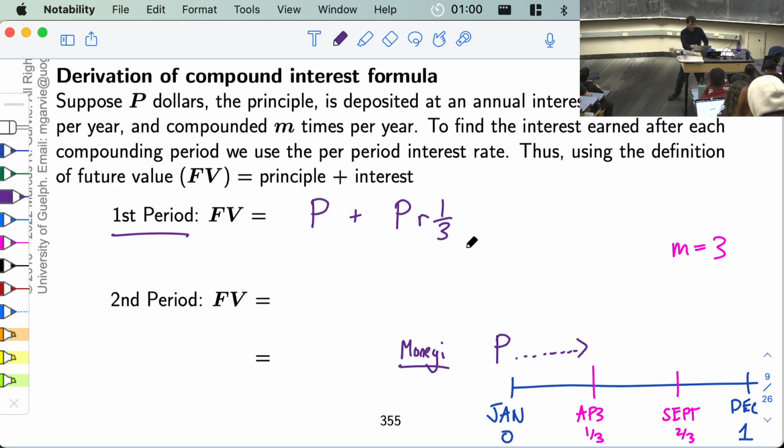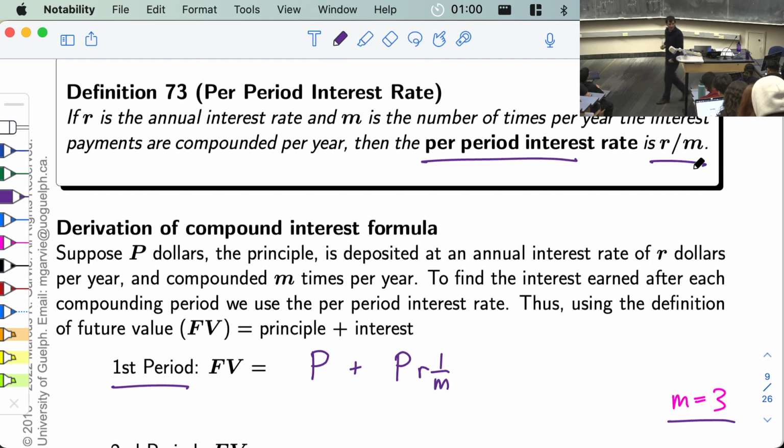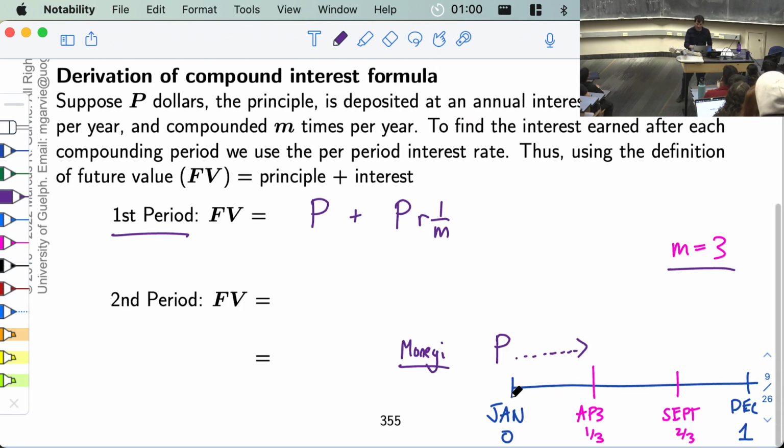In my example it's 1/3 because m is 3. In general, it should be 1 over m, and this is the idea at the top of this box over here. The per period interest rate is r over m. So if in 1 year you get an interest rate of r, how much do you get in one little period of 1 over m?